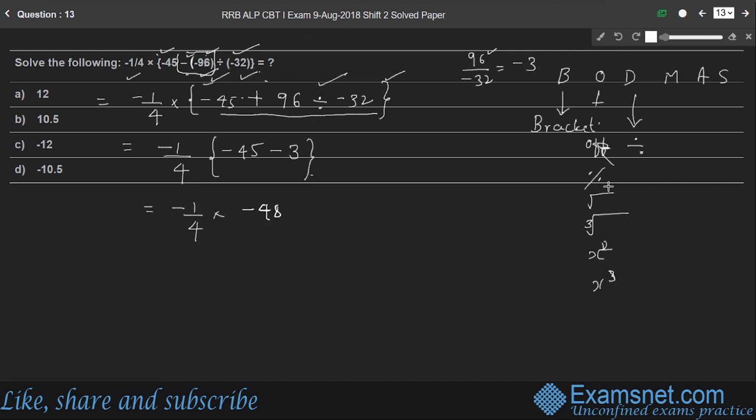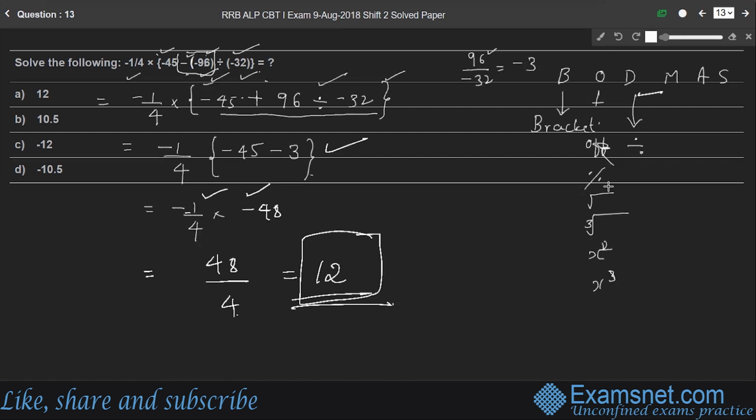Minus 1 into minus 48 is plus 48 divided by 4. Here also a division part. Once the bracket is removed, go for division. So 48 by 4 is 12. 12 is the answer. Option A is the right answer.